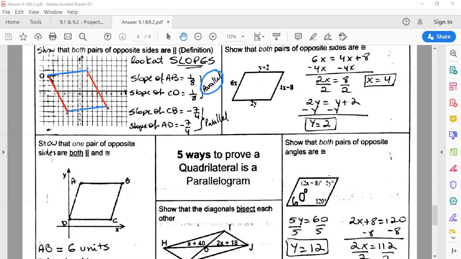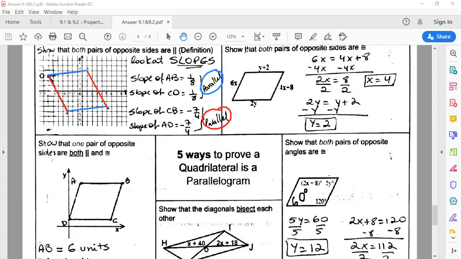Rise over run: 1, 2, 3, 4, 5, 6, 7, and 1, 2, 3, 4. So negative 7 over 4. Because those slopes are the same, the lines are parallel, which means this quadrilateral ABCD is a parallelogram.